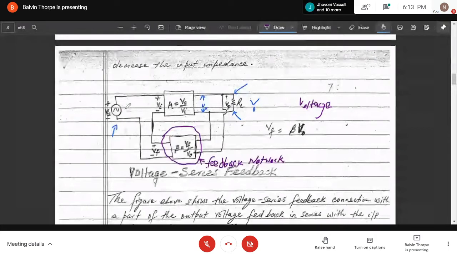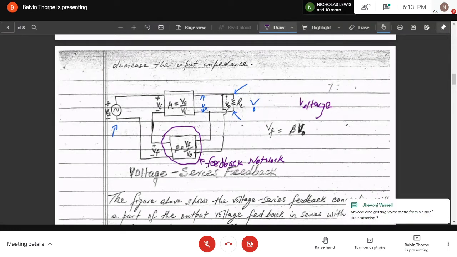Once we make the output voltage the input to the feedback network, we say this is going to be a voltage something. What makes it series or shunt is how we connect the output of the feedback network to the input of the system.